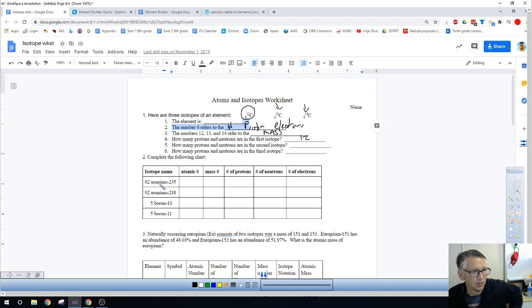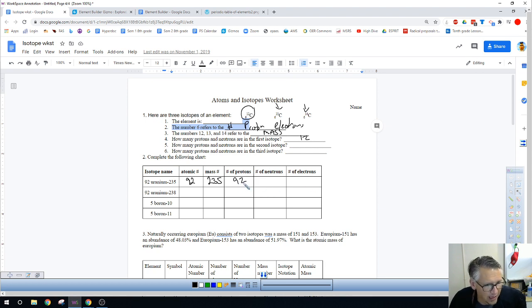Let's take a look at one down here. Uranium-235. Its atomic number is 92. Its mass number is 235. Its protons are going to be 92.